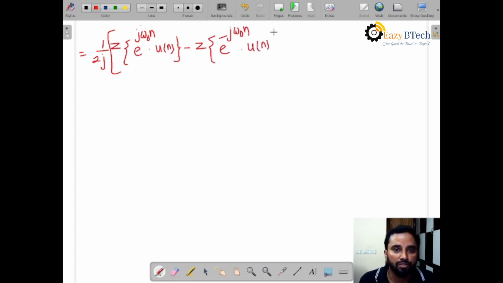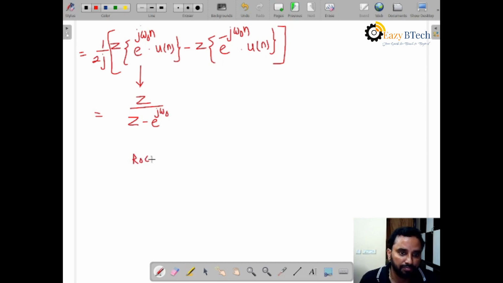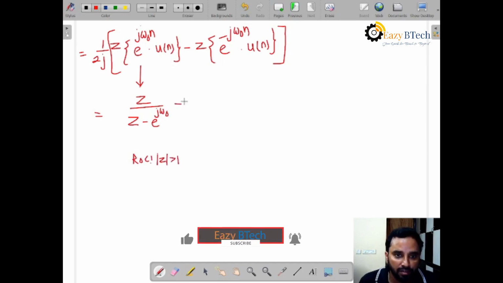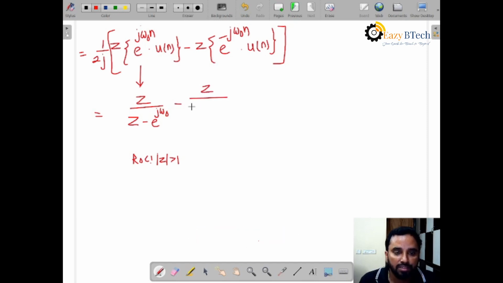So already we know these Z-transforms. The first one, z by z minus a, that is e power j omega naught, and here ROC is magnitude of z is greater than 1. And the second one, z by z minus e power minus j omega naught, and here also ROC is magnitude of z is greater than 1.